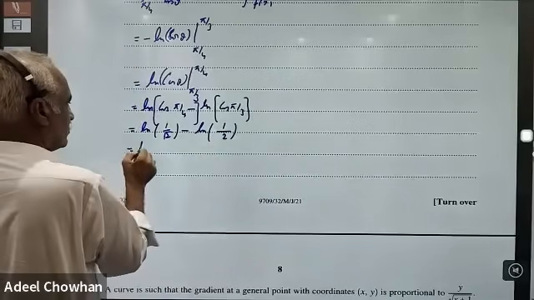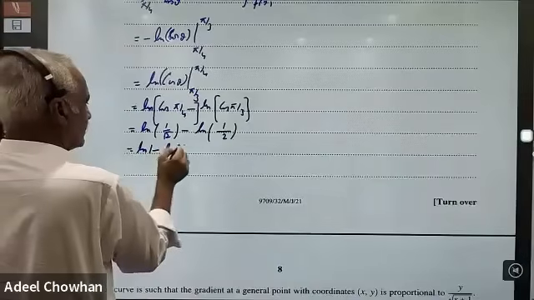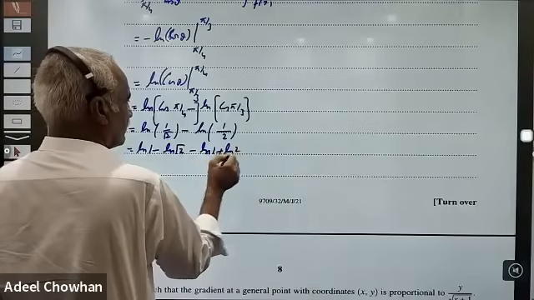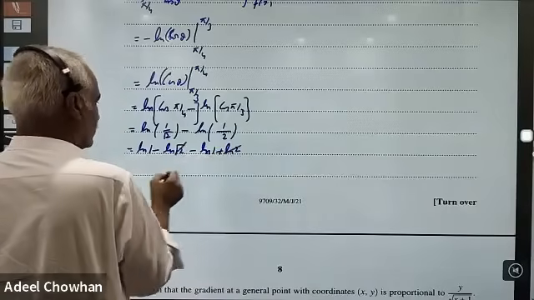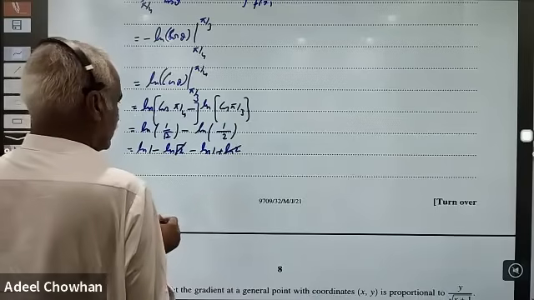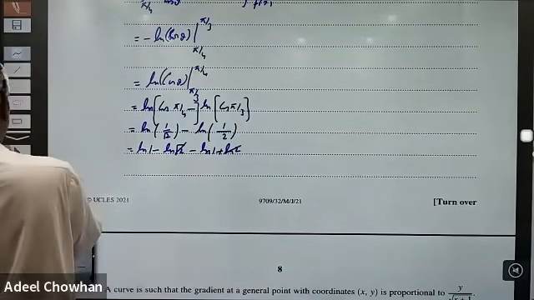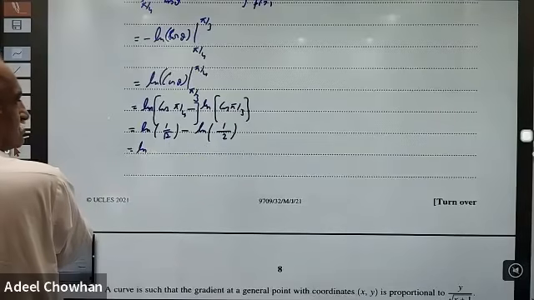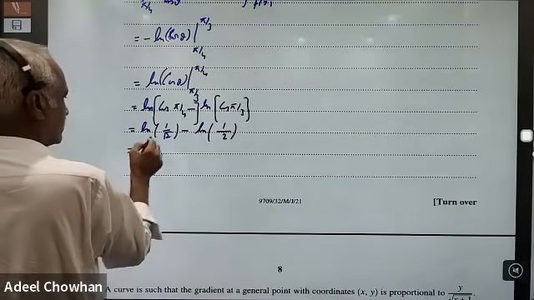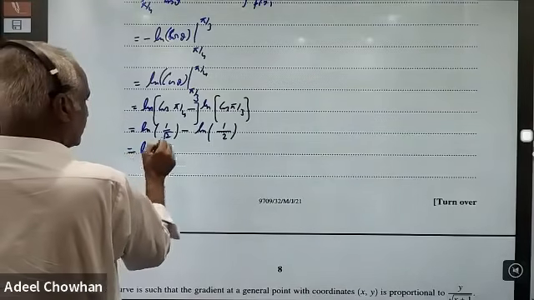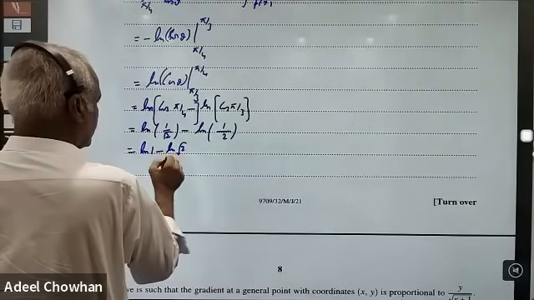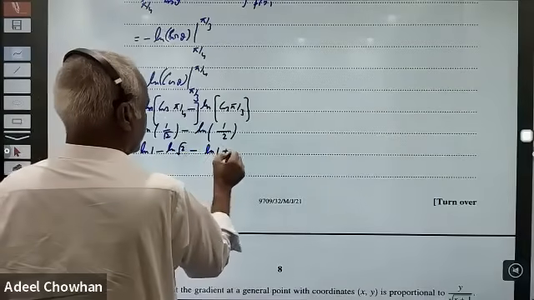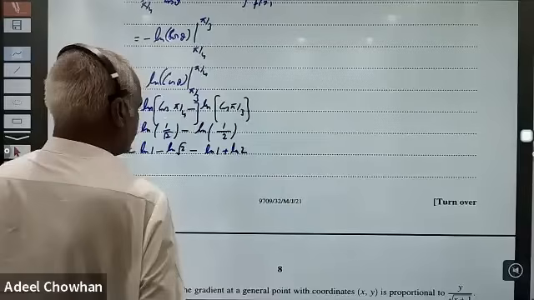So it should be equal to log of 1 minus log of square root of 2 minus log of 1 plus log of 2.